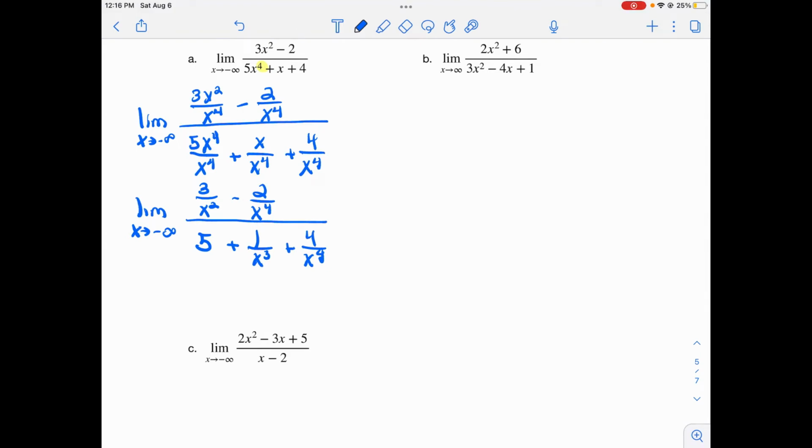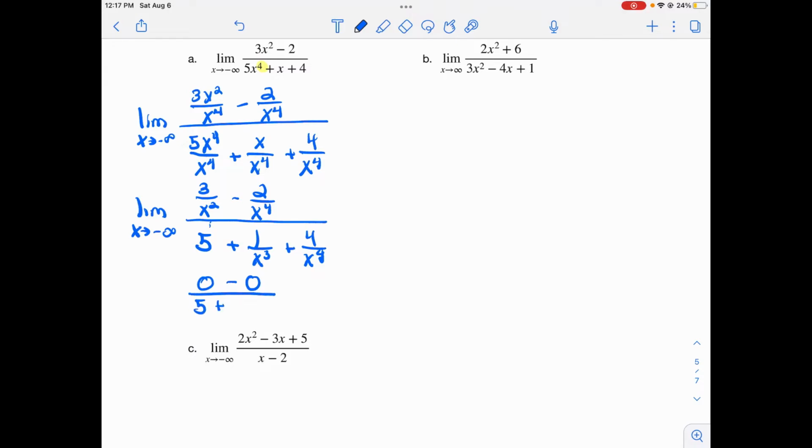Now, I'm going to actually do my limit. So the limit as x goes to negative infinity of 3 over x squared. Well, remember, if the bottom is going to infinity, the limit of x squared is just negative infinity squared, which is infinity. So 3 over infinity is going towards 0. And then 2 over infinity, that's going towards 0.